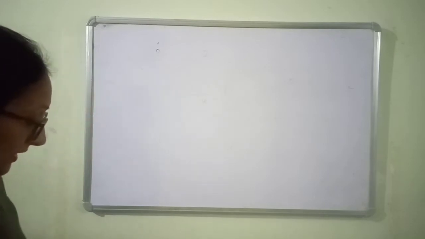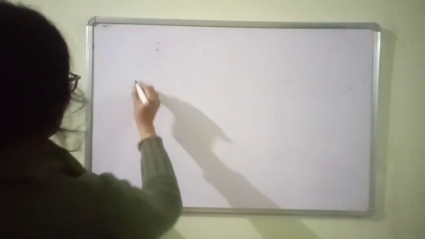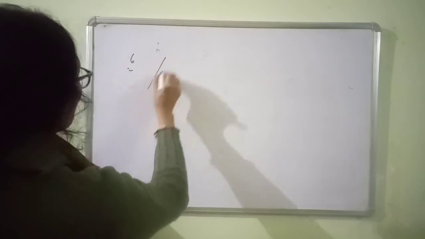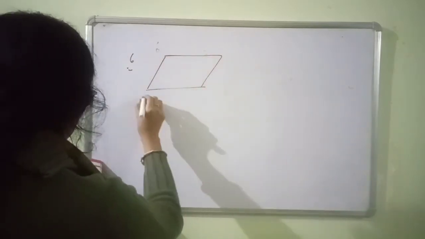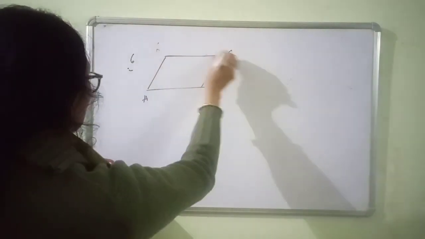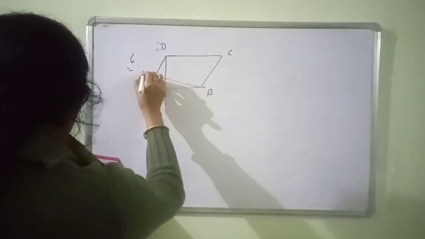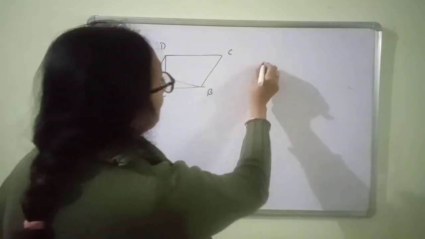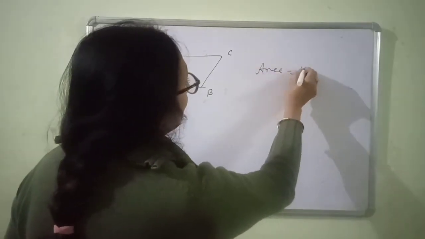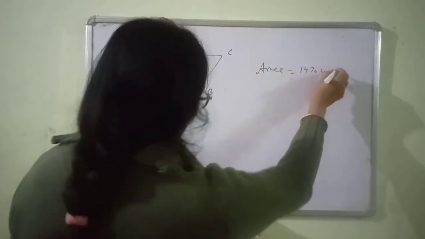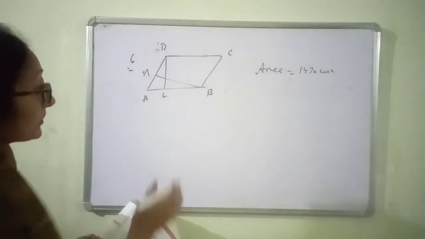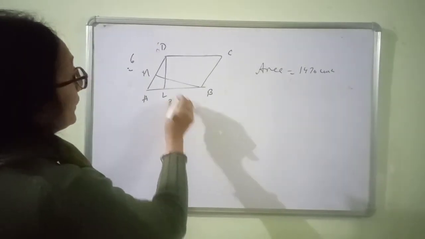It says: if DL and DM are the heights on the sides AB and AD of a parallelogram ABCD. In this question, area is given, that is 1470 centimeter square, and in the first part AB is 35 centimeter. We have to find DL.